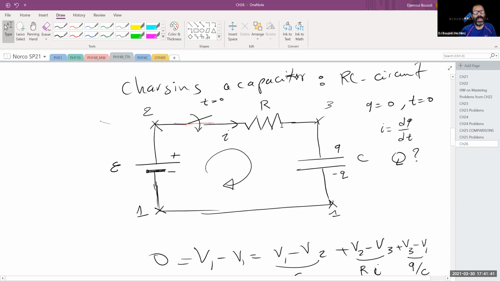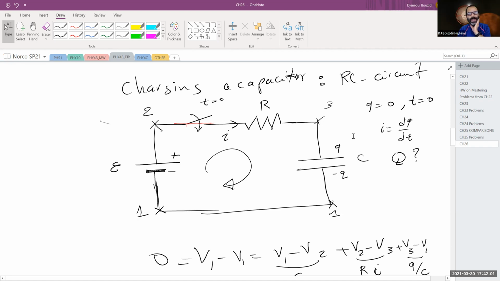We wanted to see how long it takes for the capacitor to charge, and second, how much charge it will have. So we closed the circuit, knowing that at that time there was no charge in the capacitor. This is the rate at which the charge was piling up in the capacitor. So the current is the rate of charge.